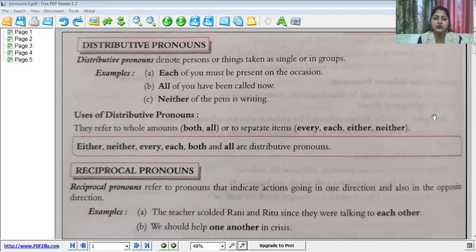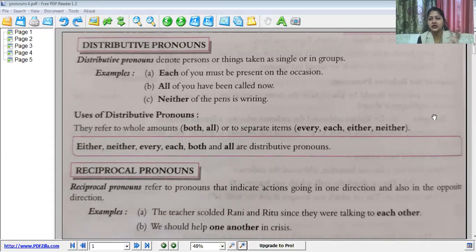So what are distributive pronouns, children? Distributive pronouns denote or tell us persons or things taken as a single or in groups. Now let's see an example. Each of you must be present on the occasion. Now each stands for everyone who is present over there.